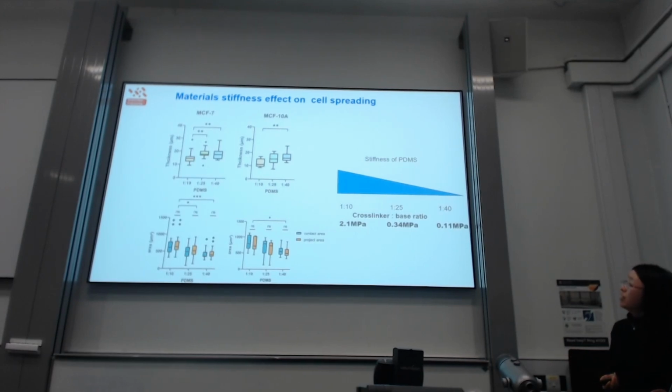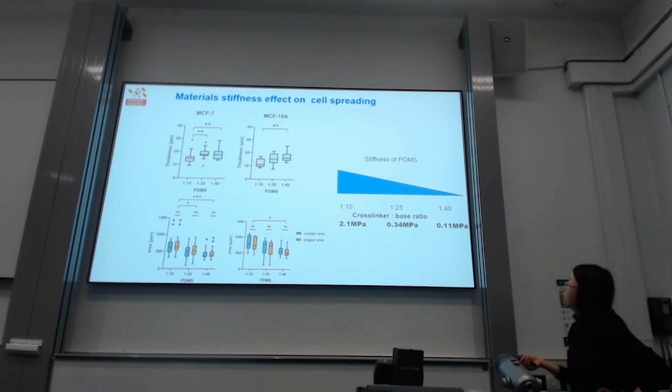Here, to choose a representative biomaterial, we use PDMS. It is a biocompatible material with wide applications as a biomaterial, and we can easily alter the stiffness by changing the cross-link density. We choose the stiffness range to be between 0.1 and 2 megapascal.